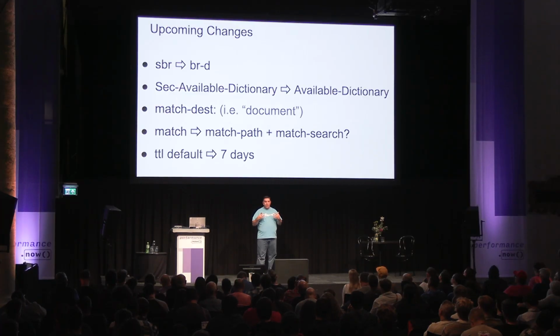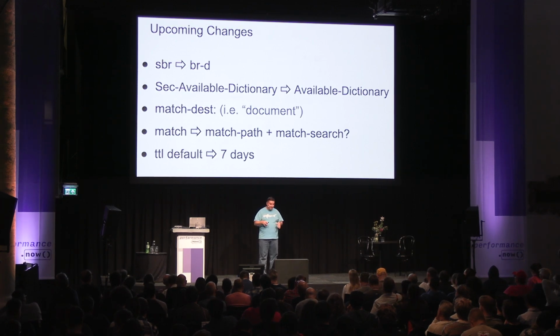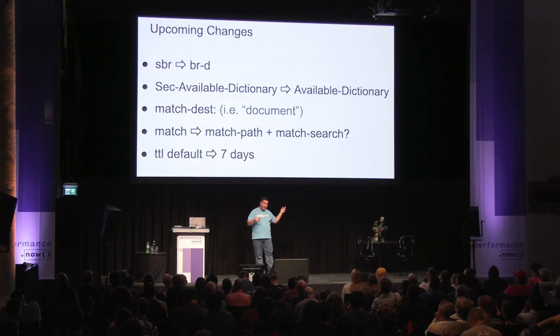But if you do the origin trial, these are the things that are likely to change during the origin trial. It's just things like the text strings that get used for the headers and for the content encoding. So nothing that breaks the actual flow and how things work. That we're pretty solid on. Sec-Available-Dictionary in the spec has already changed to Available-Dictionary.